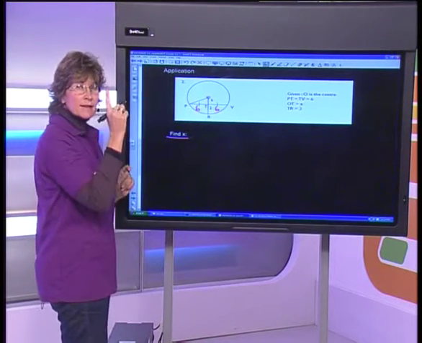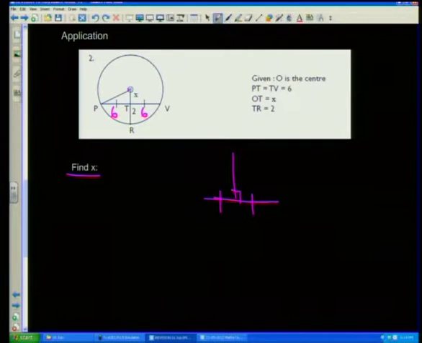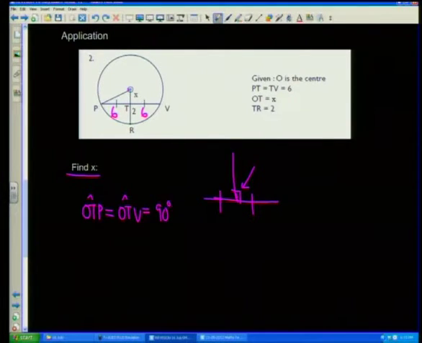Now, what was that theory again? Remember, it said that if we come down and we know these are equal, then we know that that angle there is 90. So my theory is going to tell me that angle OTP is going to equal angle OTV, and it's going to be 90 because of this theorem, that we have the line coming from the center to the midpoint.